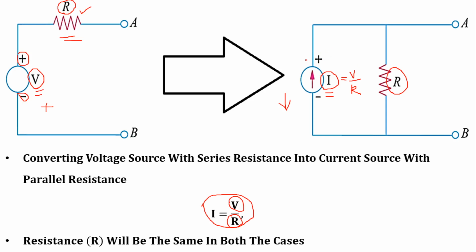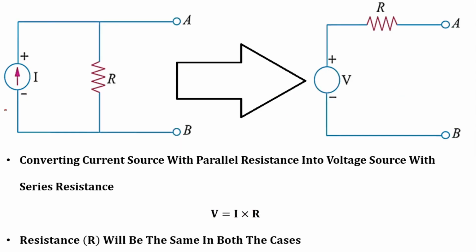So it starts flowing from plus and ends at minus. If positive polarity is on the upper side, then the arrow will be upward. If positive polarity is downward, then the arrow will be downward. So this is the way to convert a given voltage source with series resistance into a current source with parallel resistance.